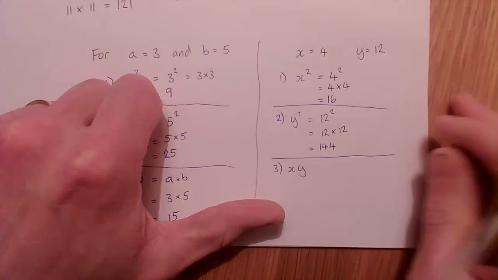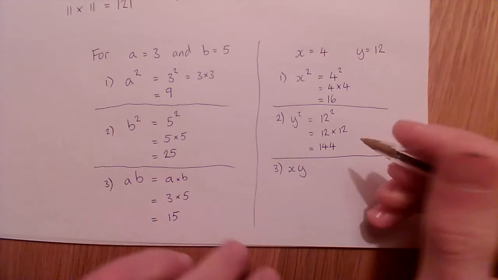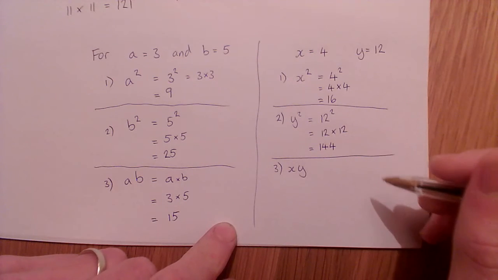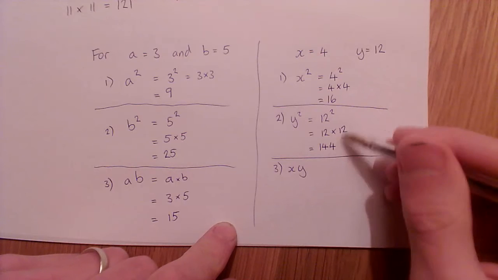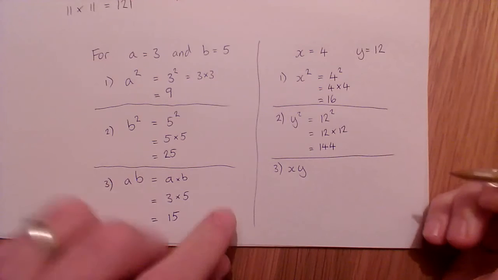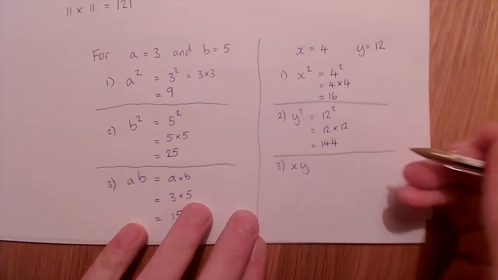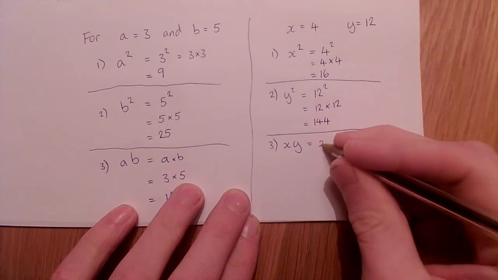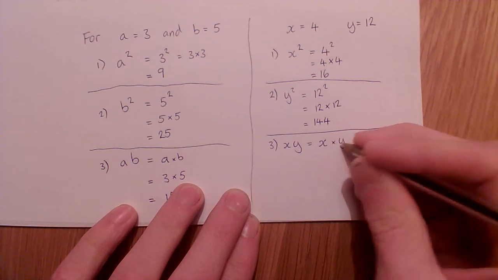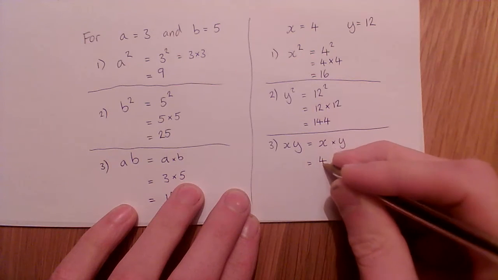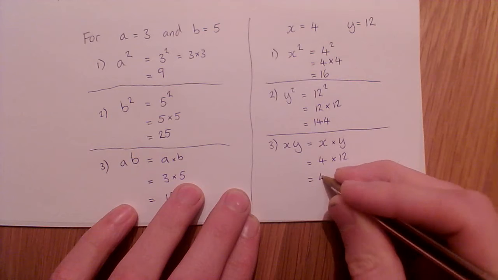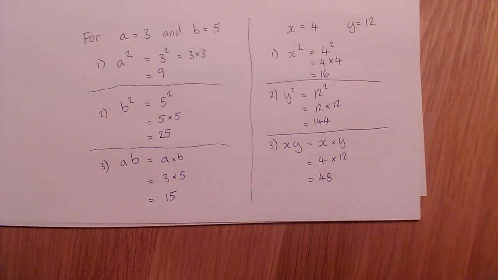But as I said in the previous one, if you need to use a calculator for these, I want your focus to be on making sure you can do your substitution, not worry too much about being able to do the timesing bit. But we get 144. xy. That meant x times y. So we've got 4 times 12. And again, a times table calculation gives us 48.